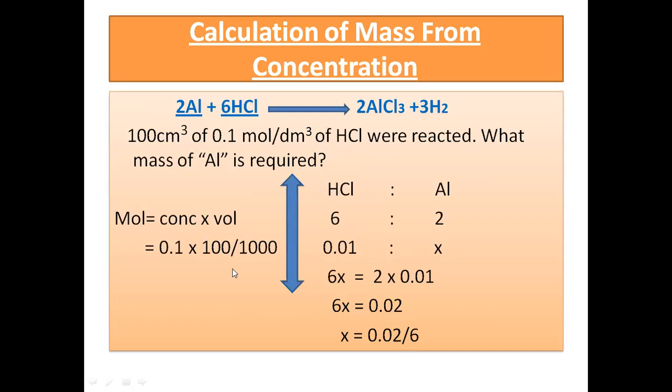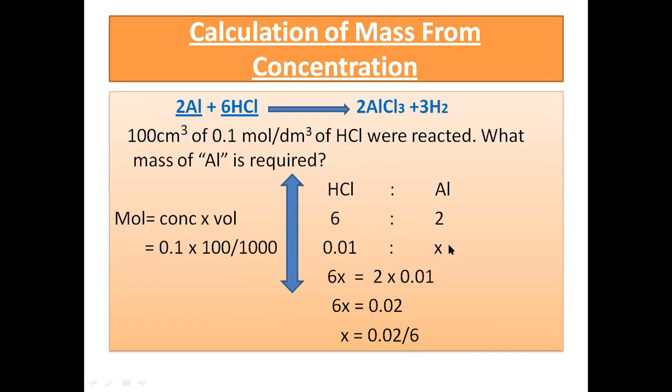In the case of hydrochloric acid, volume and concentration are given. So concentration multiplied by volume: concentration is 0.1 multiplied by volume 100 centimeter cube divided by 1000. This division by 1000 is compulsory because we have to change cubic centimeter into decimeter cube. So the mole will be 0.01 mole.